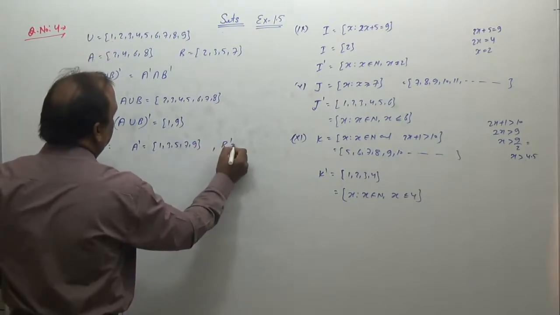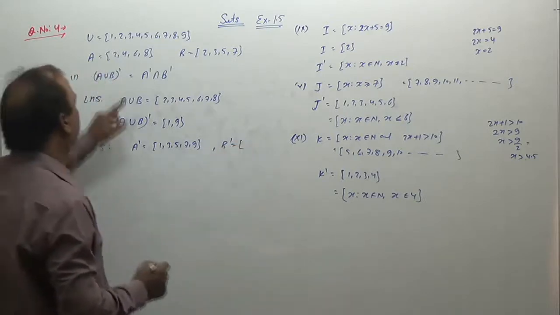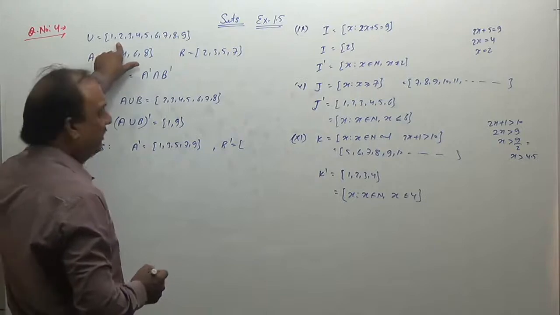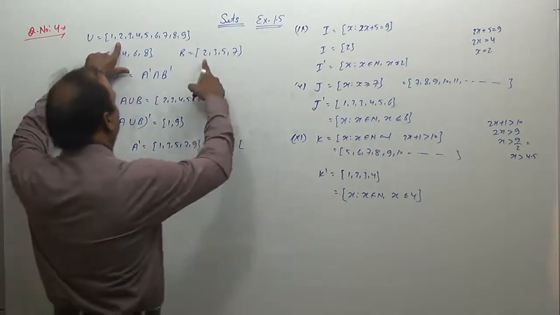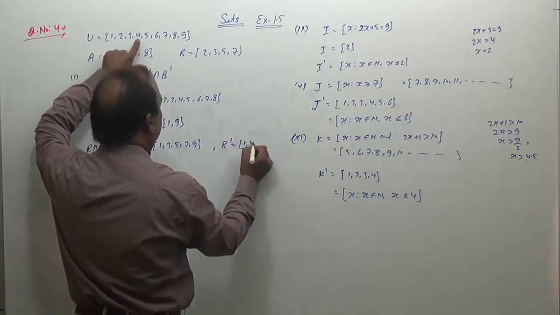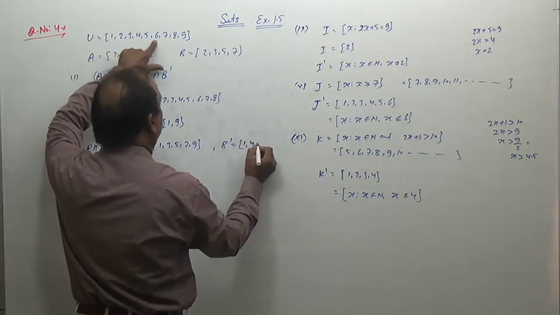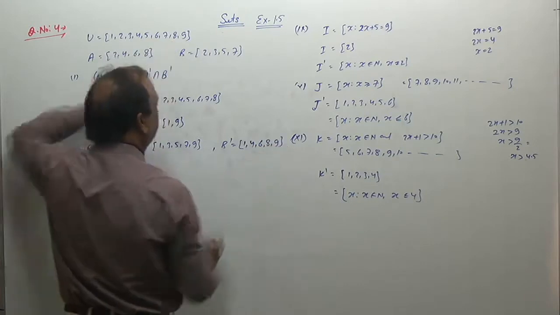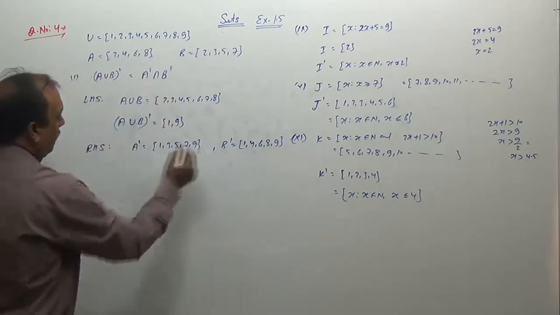Secondly, find out B complement. B complement is formed by taking the elements of the universal set which are not members of the set B, that is 1, 4, 6, 8 and 9. So this one is B complement.